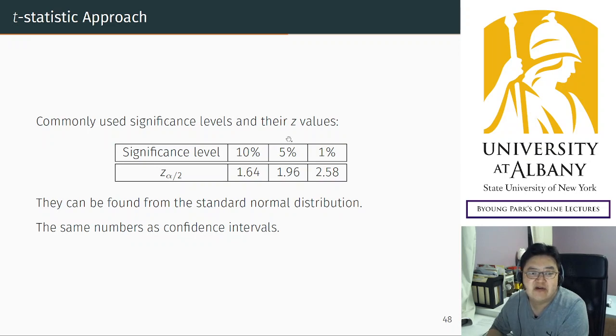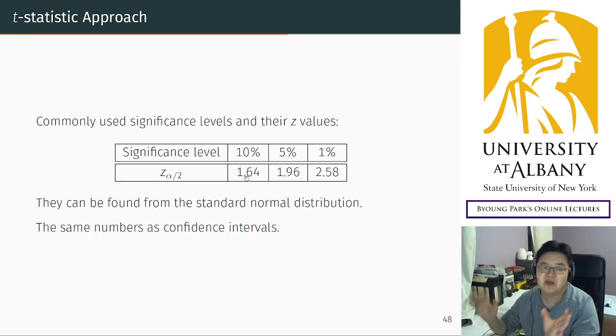So 10%, 5%, 1% are again the common values, common significance levels, and then corresponding to them are those common numbers. We have used the same numbers for the confidence intervals. We use them again for the same rationale. They are kind of parallel.